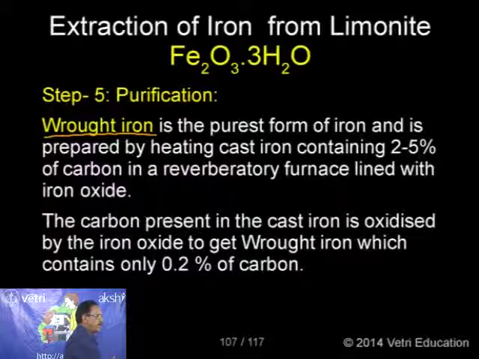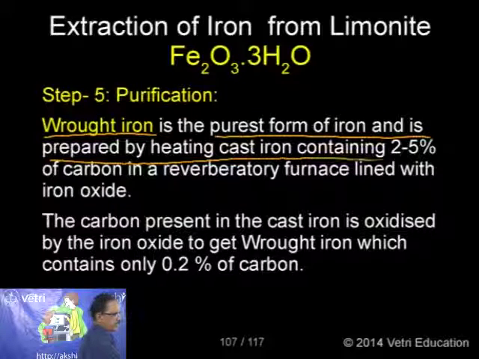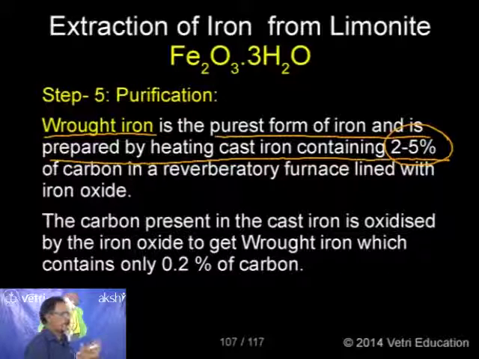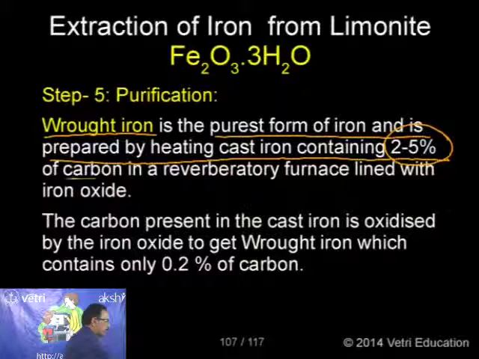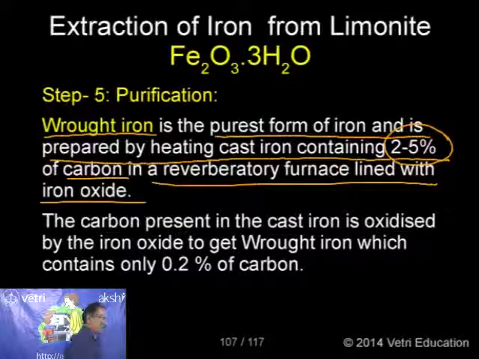Wrought iron is the purest form of iron and is prepared by heating cast iron containing 2 to 5% carbon impurity, as I have already pointed out, in a reverberatory furnace lined with iron oxide. Very interesting information. So wrought iron, which is the purest iron, we are getting from cast iron, which contains 2 to 5% carbon.